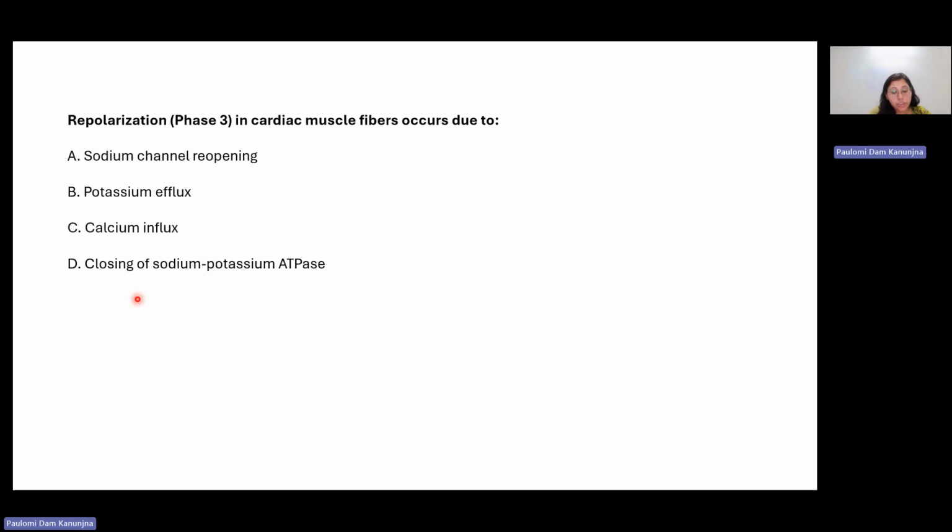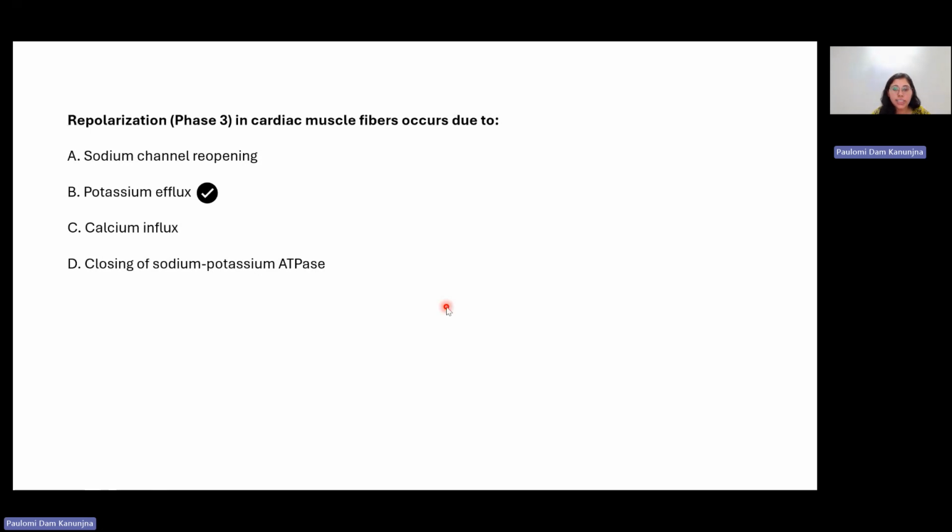And which one is phase 3? Can you remember that? Which wave, which phase, and what is the mechanism there? So the answer is potassium efflux, right?